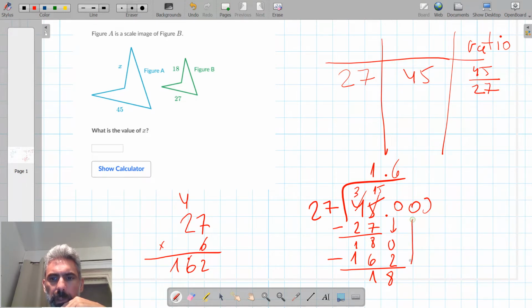So it repeats itself. So it's 1.666. So I need to multiply 27 by 1.666 to go to 45.